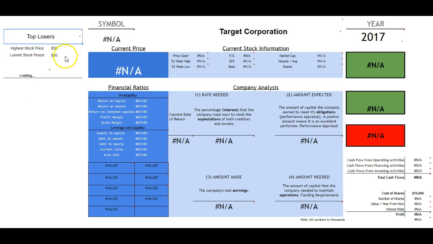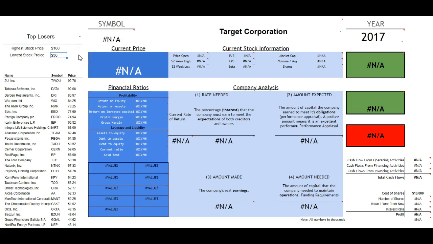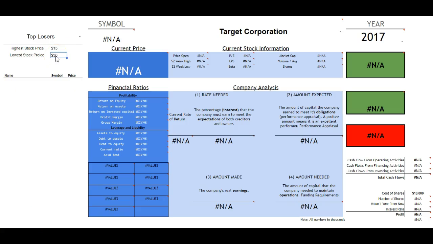It has 5 different subjects. I can go as high as I want to. I can put 100 to 30. I can put 1,000. It just depends. If I want to focus on small amounts, let's say $15 to $5, it'll still give me a list.